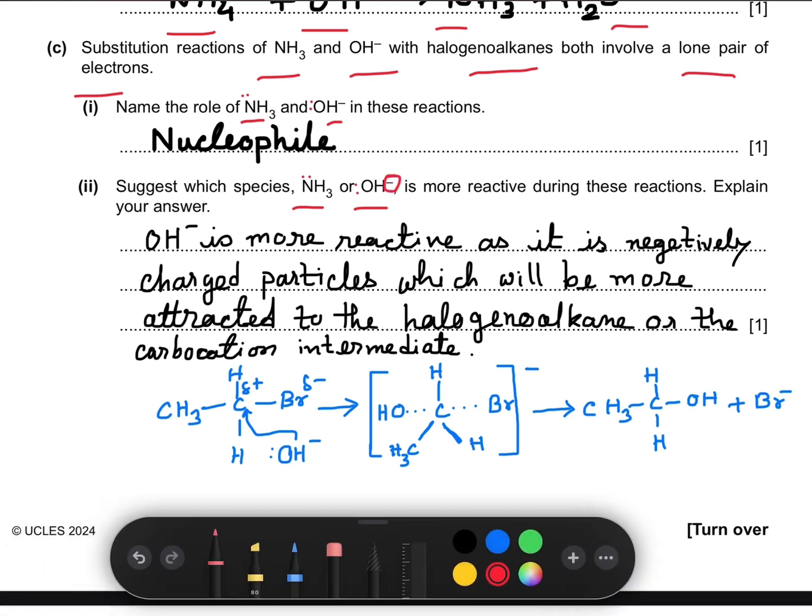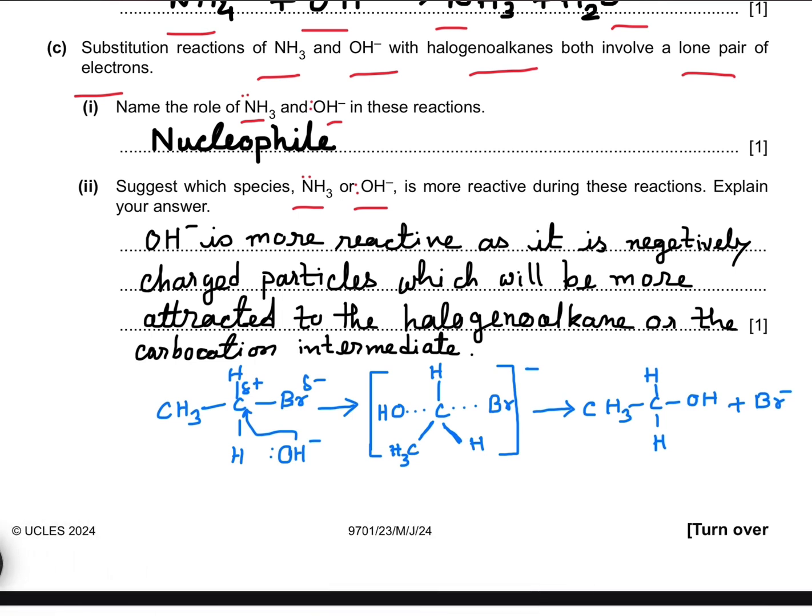So definitely hydroxide is more reactive as it is a negatively charged particle, which will be more attracted to the halogenoalkane or the carbocation intermediate. For example, if we take ethyl bromide, here carbon will achieve a partial positive charge and bromine will have a partial negative charge because of the electronegativity or polarity differences between carbon and bromine.